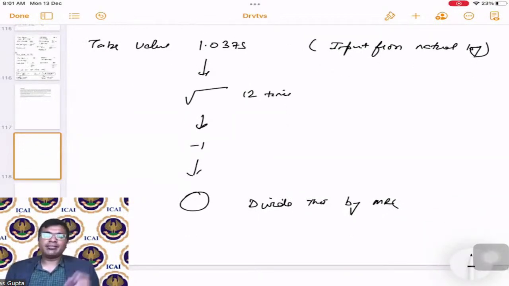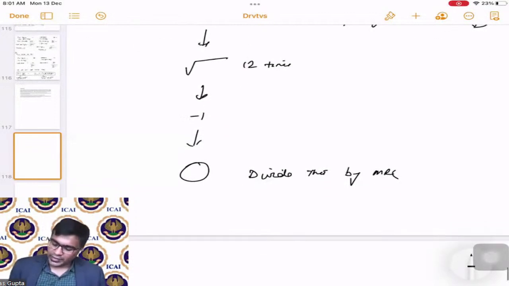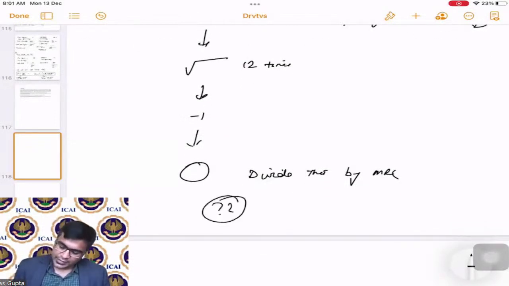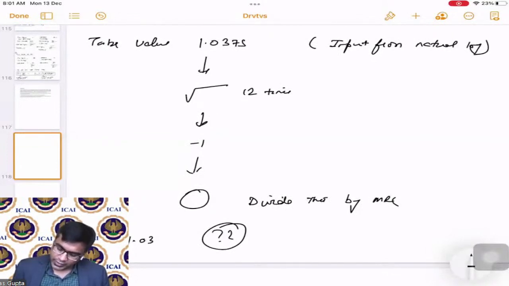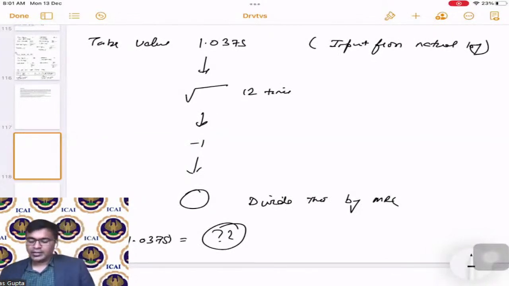Whatever the final value is, that is the natural log of 1.0375. Very easy, very simple.